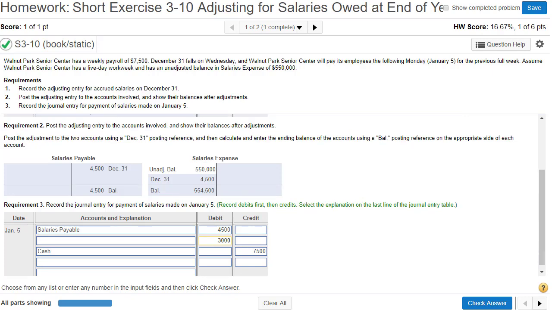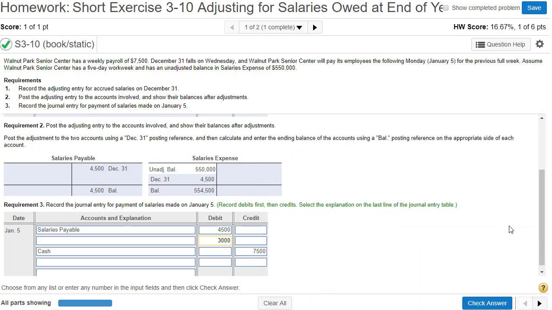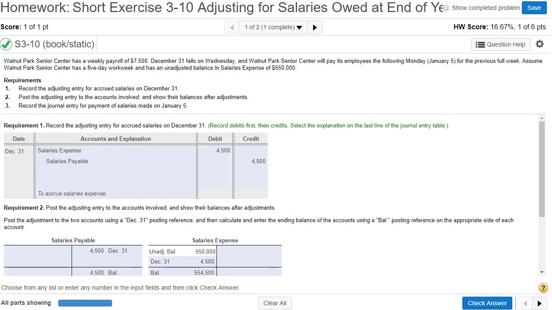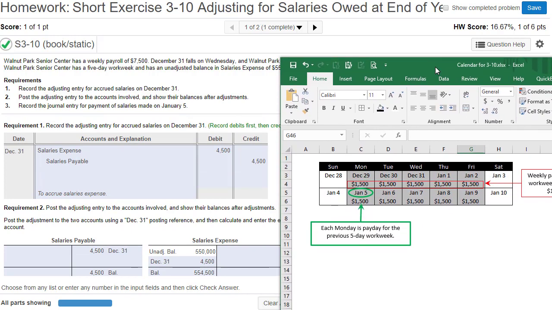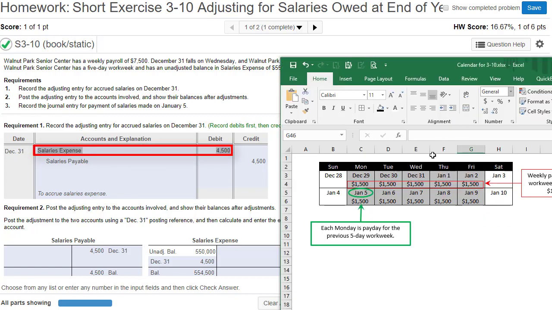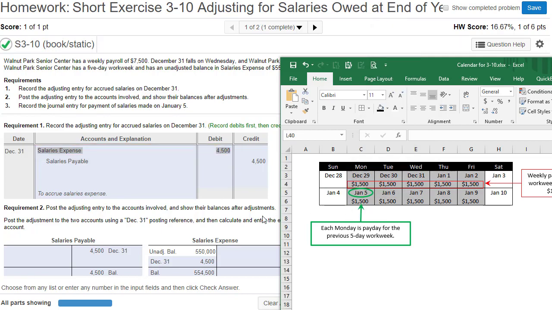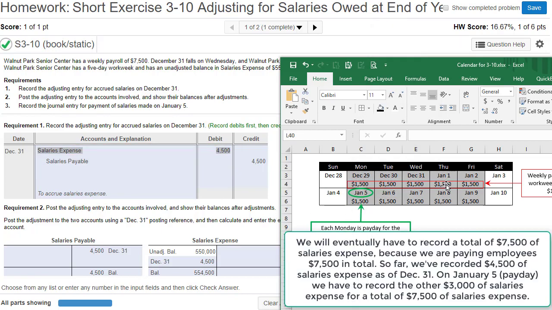Let's go back to our calendar. Back on December 31st, we recorded salaries expense for Monday, Tuesday, and Wednesday. But we never did record it for Thursday and Friday because that was in the next year. Now it is in the next year, so we have to record the salaries expense for Thursday and Friday.